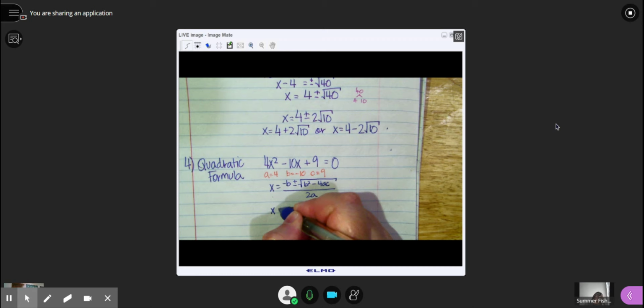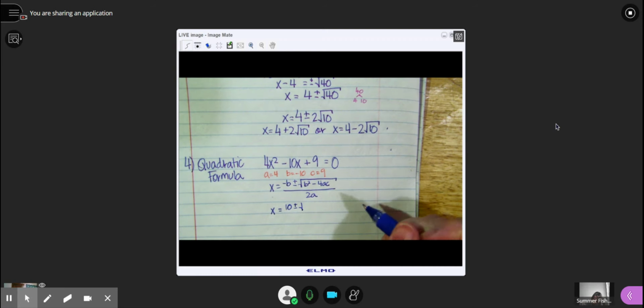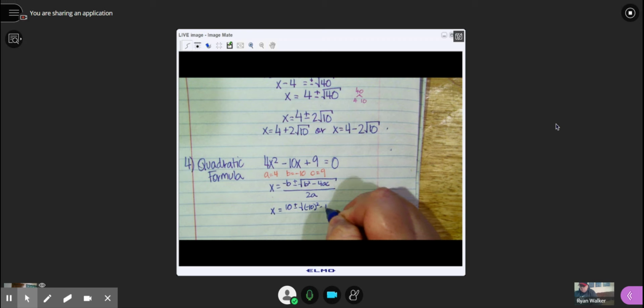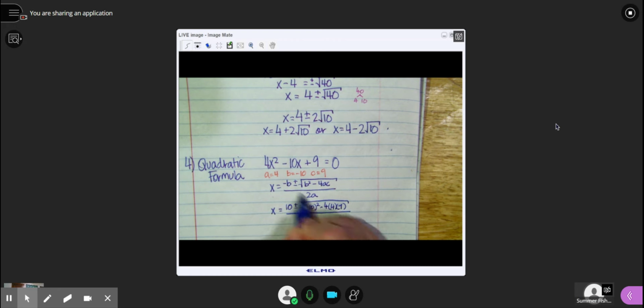So here we have x is equal to 10 plus or minus the square root of negative 10 squared minus 4 times 4 times 9, all over 2 times 4.